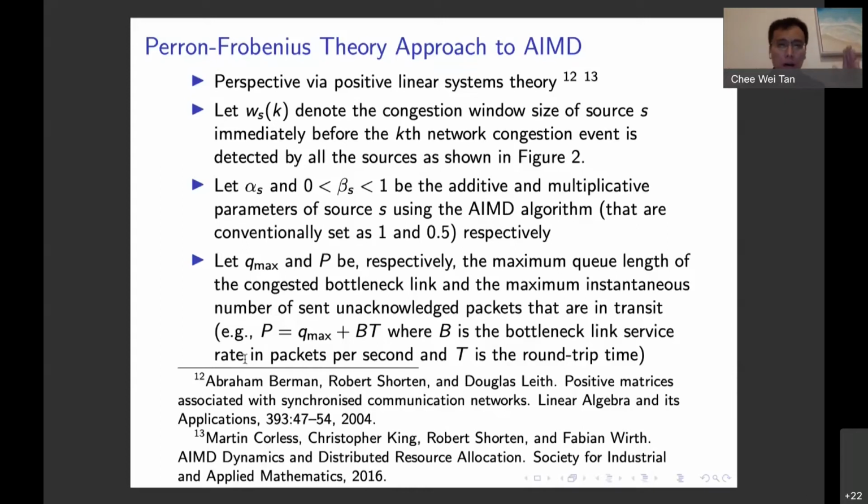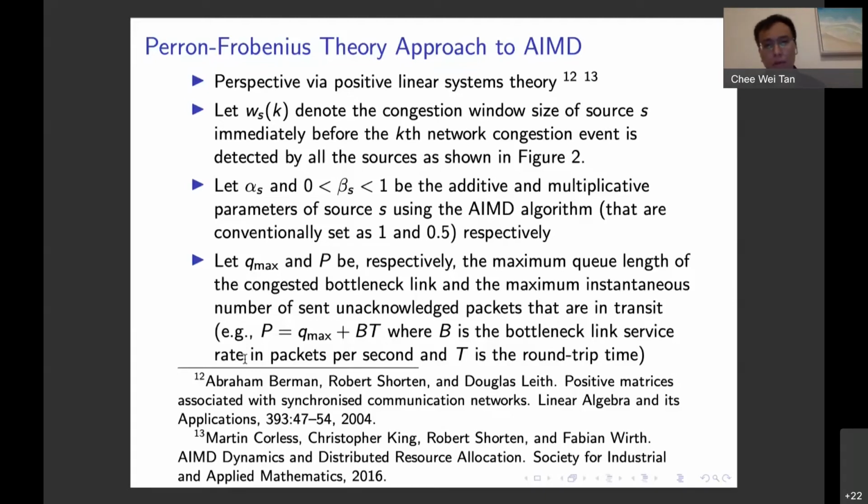So this body of theory says that we can view AIMD, additive increase, multiplicative decrease, as having only 2 parameters: how much to increase and how much to back off.